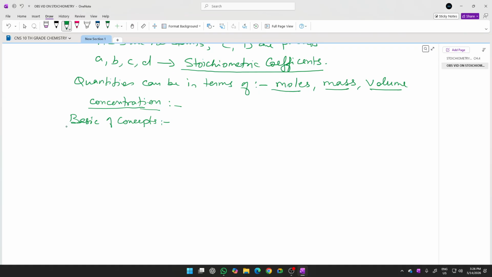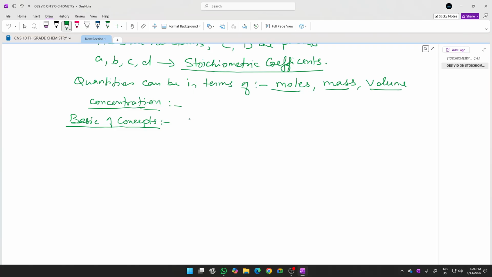But now you should try to understand these concepts very nicely, with clarity, and later on we are going to connect these concepts to build up this topic. I'll explain different concepts separately, and wherever they are connected, I'll let you know how they are getting connected, and how stoichiometry as a topic is going to build up. So, basic concepts, let us start.